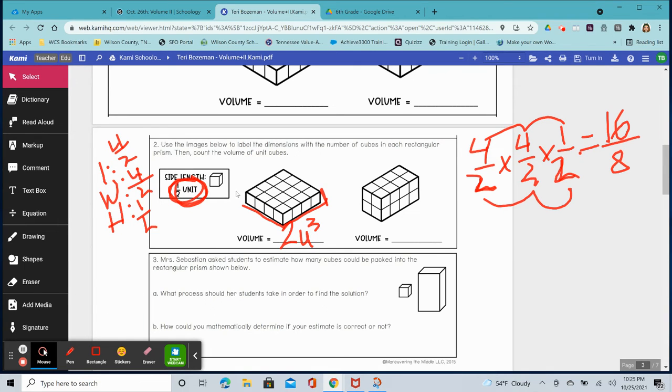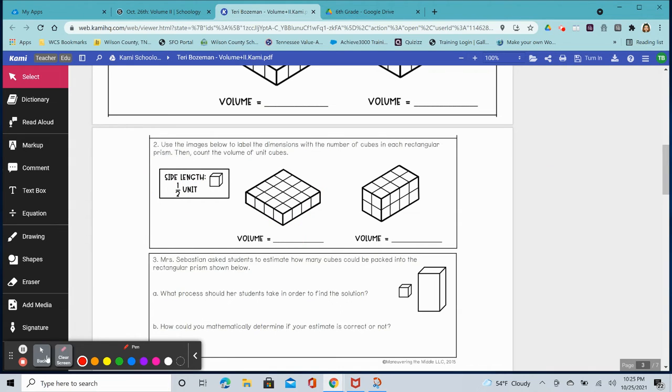With this, when we're looking at our units, we just want to make sure that we don't count each box as 1, but we count it as whatever our fraction is. So let's take a look at our second one here. We're still dealing with half units, so we have a width.